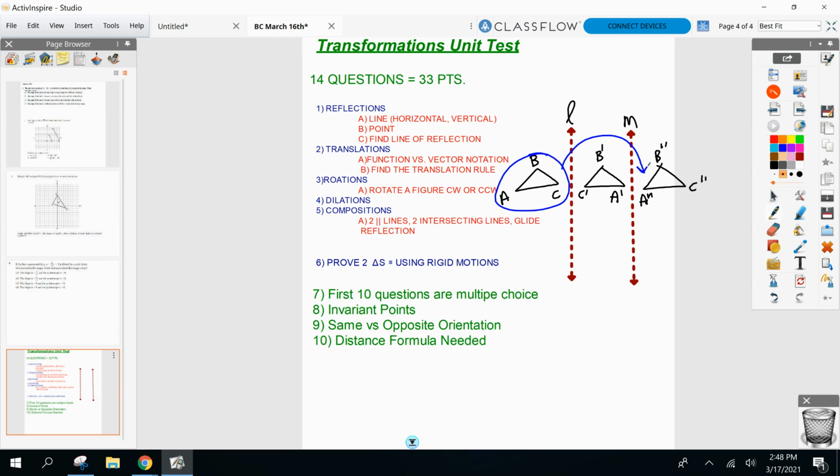And that would be a translation, a slide over. So anytime you reflect over two parallel lines, you end up with a translation. And then if the lines intersected, anytime you reflect over two intersecting lines in a row, you end up with a rotation. All right, that's what I meant by that. Okay, thank you. You're welcome, Peter.